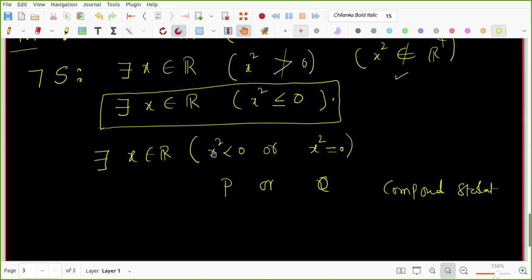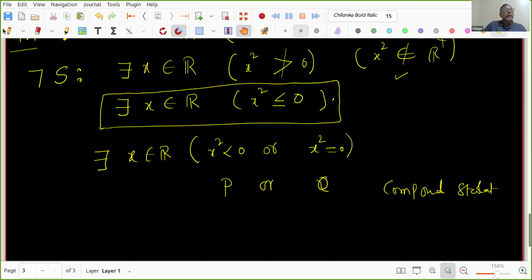You cannot find a single x. But can you find at least one x such that x square equals 0? Yes, sir. What is that? 0. So this is true for at least one x, so the entire statement is true.